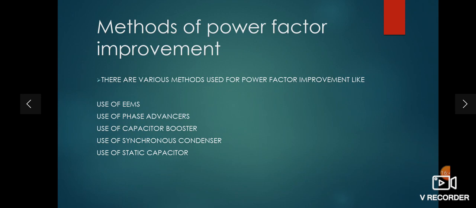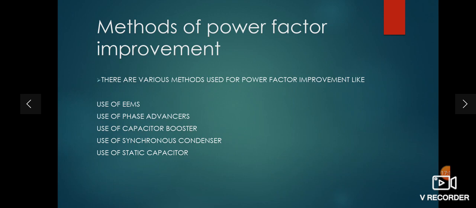So, methods of power factor improvement. These are the various methods of power factor improvement. First is the use of an energy efficient motor. As I said, instead of using a standard motor, you can use an energy efficient motor like a synchronous motor, etc. Then use of the phase advancer.